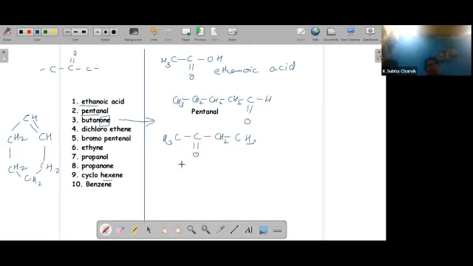Here, in cyclohexene, the double bond has come in the middle. Why?